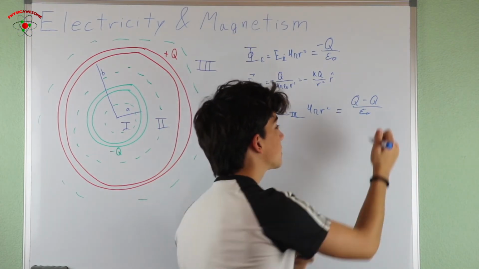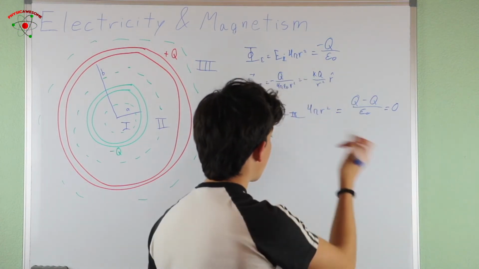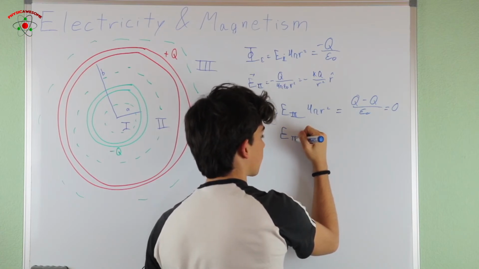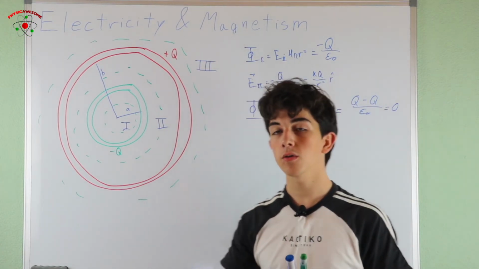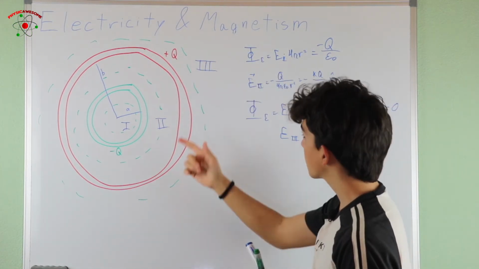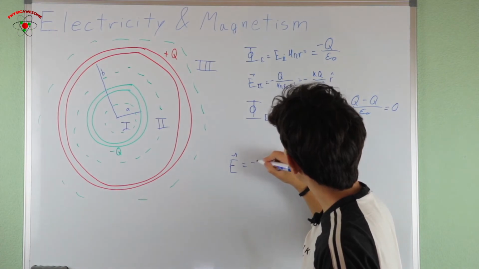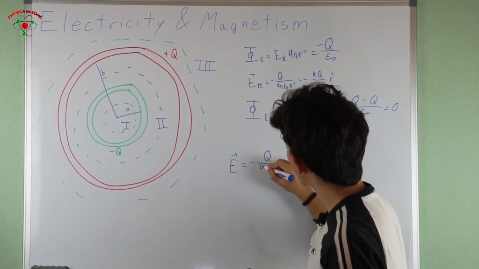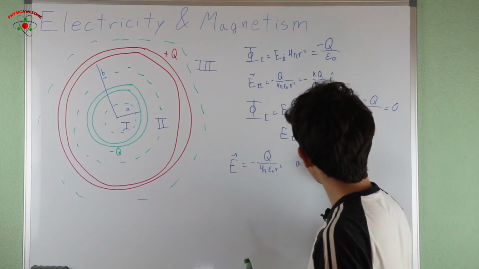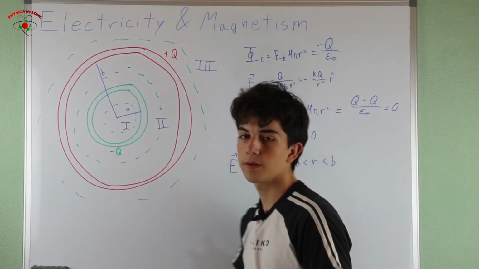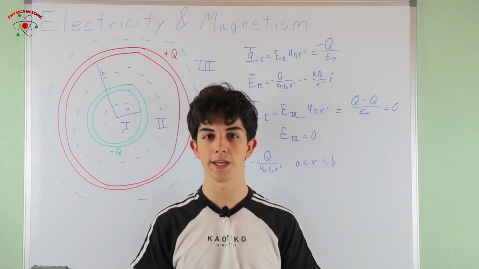So what we find is that this is equal to 0, as both charges are the same, and the electric field equals 0. So in the end, the electric field generated by these two charges equals minus q over 4 pi epsilon naught r squared in between A and B. And that is what the electric field of two spherical cells is.